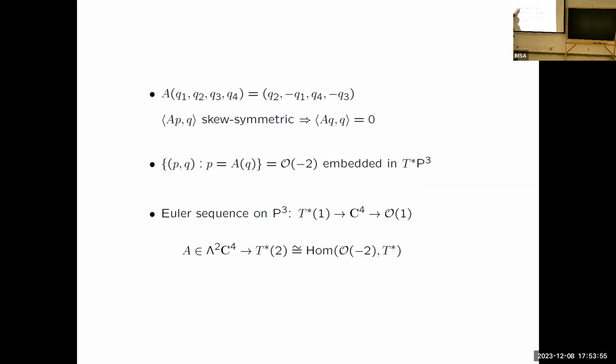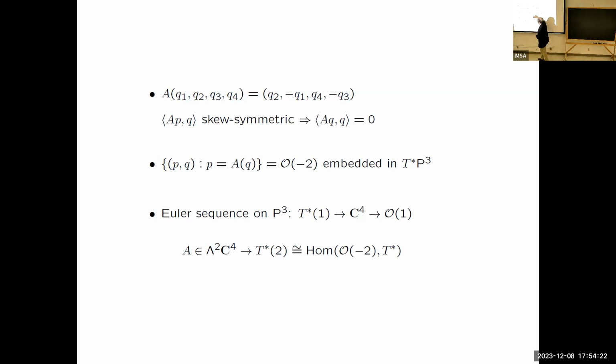So then what I claim is that if you look at this matrix, this transformation, you'll see that this is skew symmetric with respect to this inner product. And so that means that we have this relation here. So it actually gives us a map from the P3 into the cotangent space in that model at each point, because it's homogeneous of degree 2 as well.